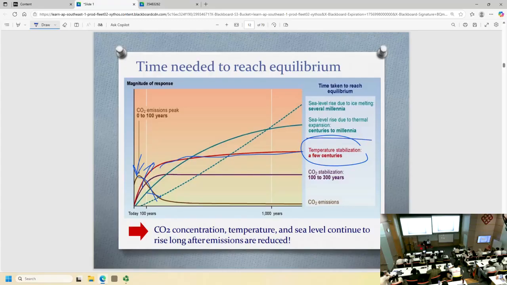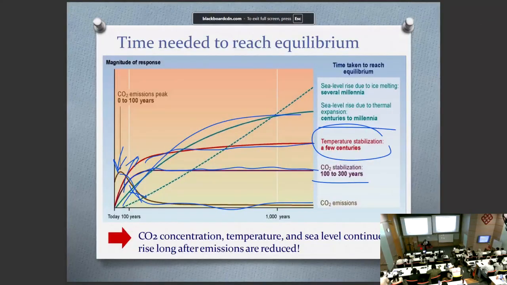The sea level will also continue to rise, and the carbon dioxide concentration will be kept at a high level, although we have already reduced the emissions. So that's the meaning.